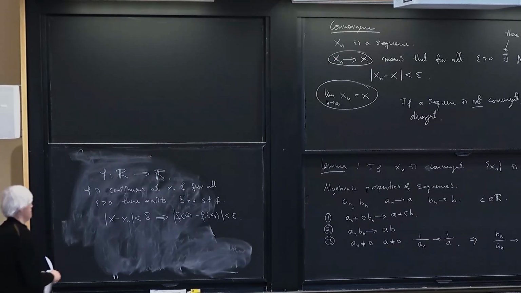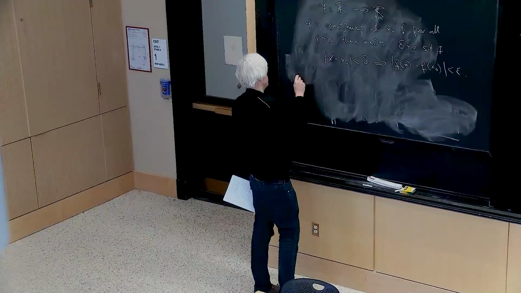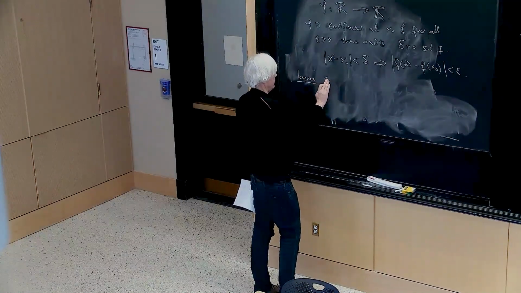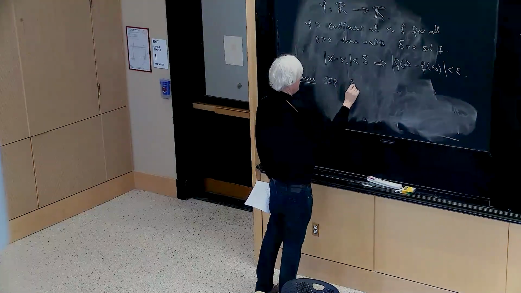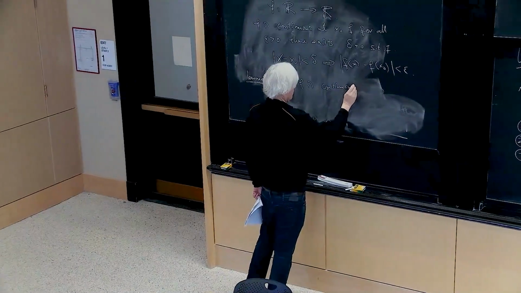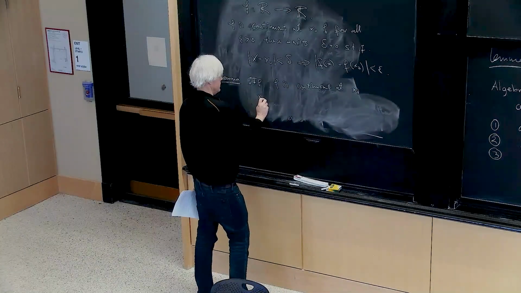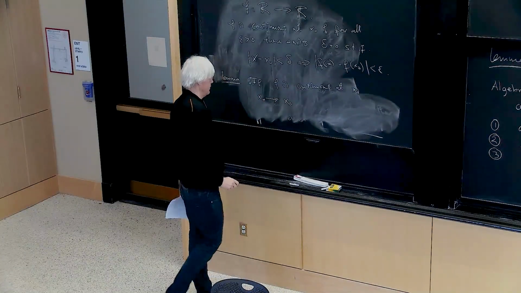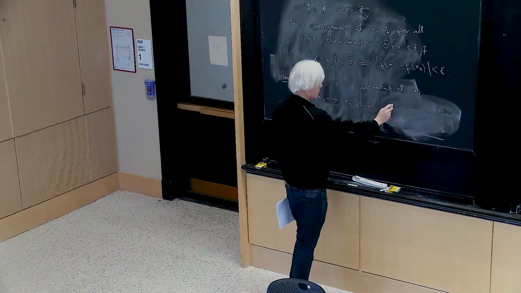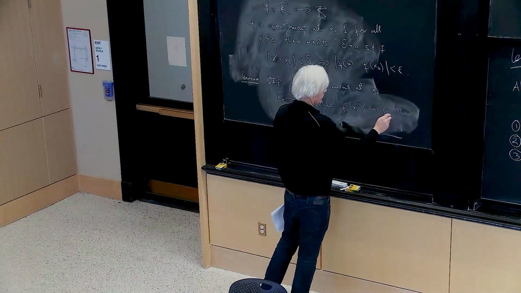And there was this theorem or lemma that tied things together. Lemma: if f is continuous at x0 and xn converges to x0, then the images of this sequence, which is another sequence, f of xn, converge to f of x0.